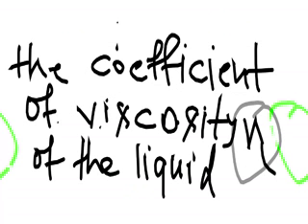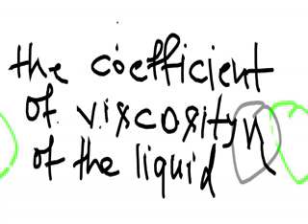Viscosity eta. If you move on the surface of a liquid, the liquid will not let you move easily. The liquid will oppose the motion of that body, and this is one kind of friction, exerted by the layer of the liquid on the surface of the object that is floating over the surface of the liquid.